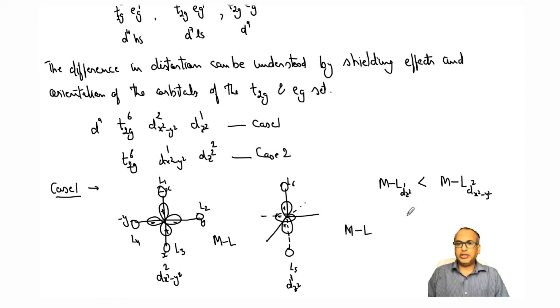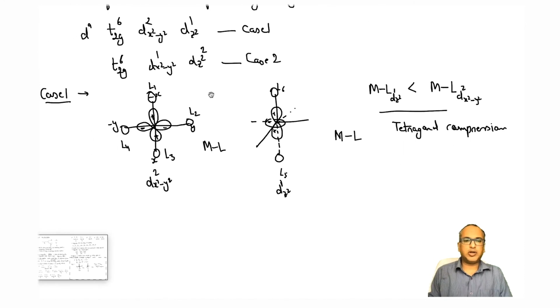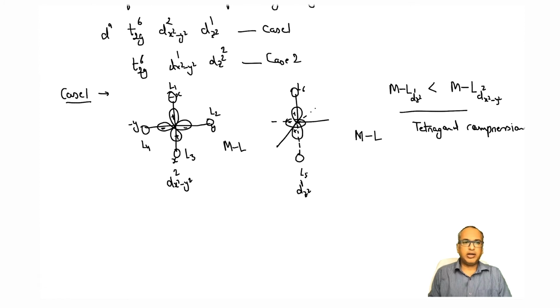Okay, so this particular case is called tetragonal compression. So tetragonal compression or any kind of tetragonal distortion will happen when there is a shortening or stretching of bonds along the z-axis, right?